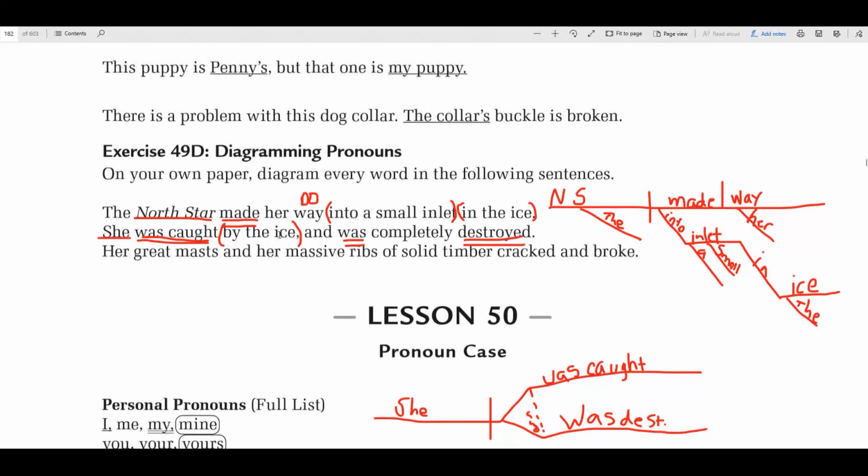So this prepositional phrase will come under here. So first you write your preposition, then remember we come out like this and we put the OP, which is the last word in the phrase, ice. And then the is the article that goes with the OP.